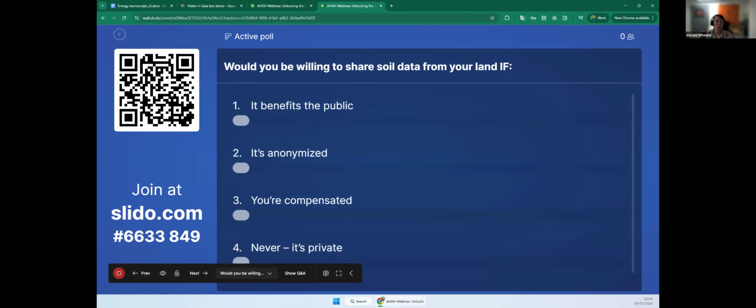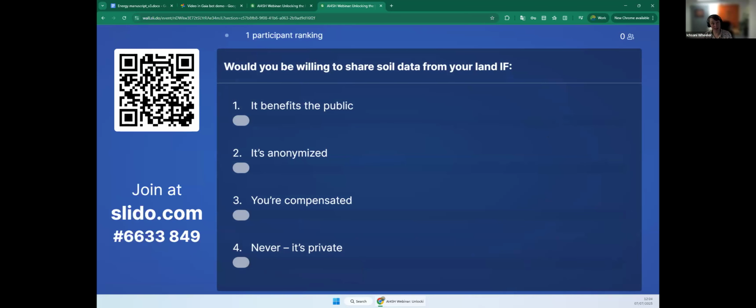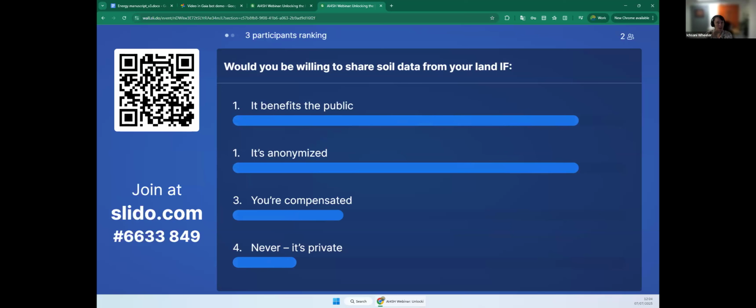Okay, would you be willing, if you have land, or hypothetically, if you had land, to share data from your land? So the models that we show you can see them, and the output would still be open and free to use. Yes, but these models get better the more data we feed them.